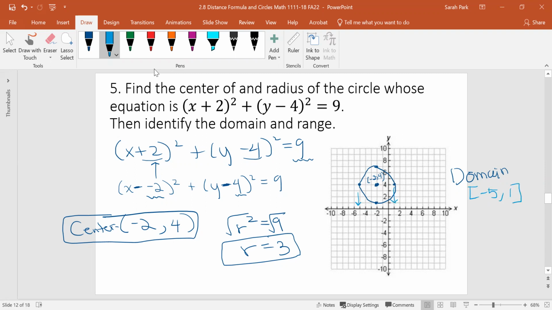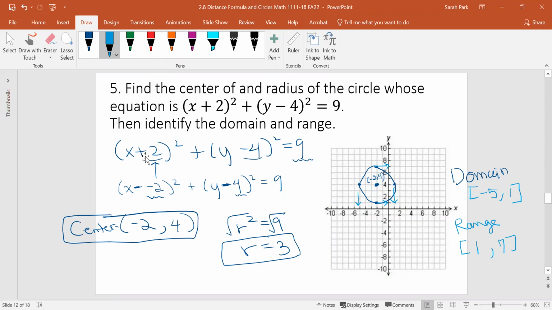So there's the domain. The range is the lowest y value to the highest y value. You see the lowest y value is +1, and the highest y value is 7. So there's our range and domain. And it's helpful to have a graph, and it helps you to determine the domain and range.